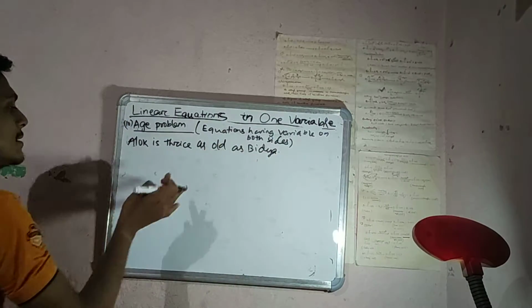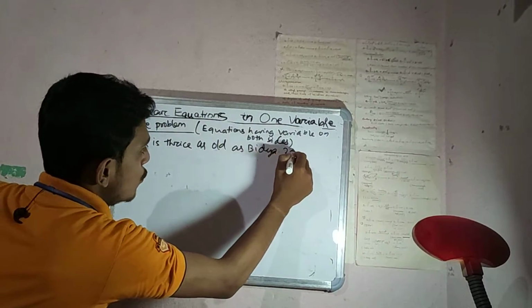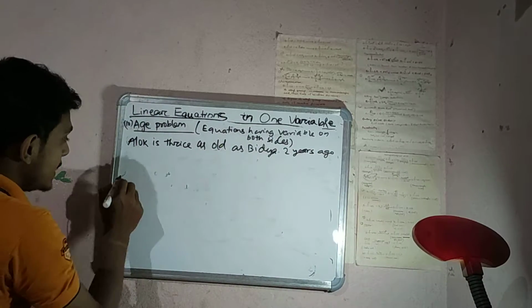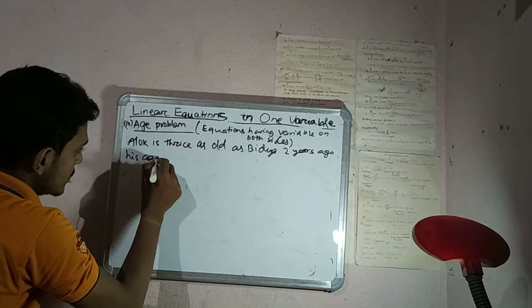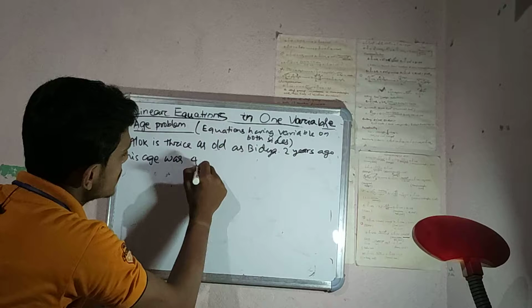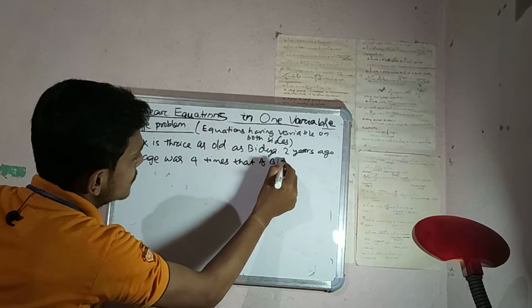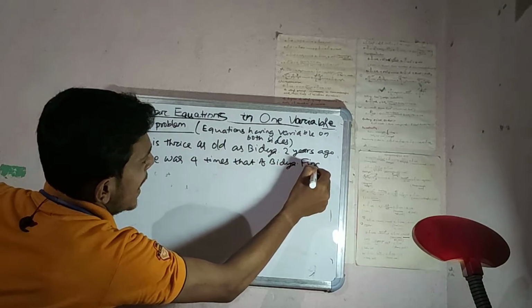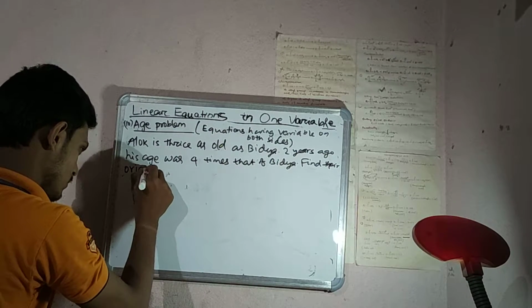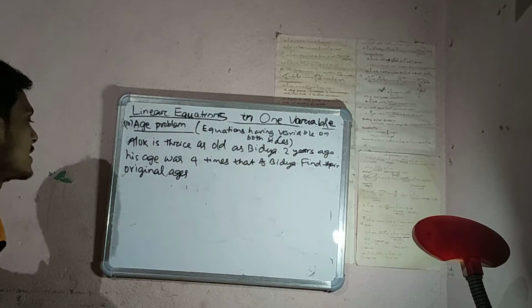Two years ago, his age was 4 times that of Vidya. Find their original ages, or the present ages. The present ages.